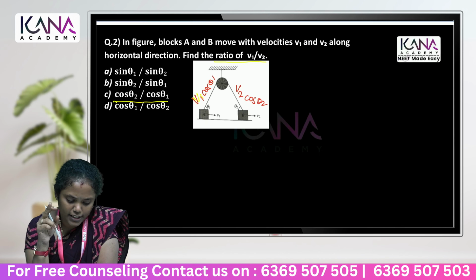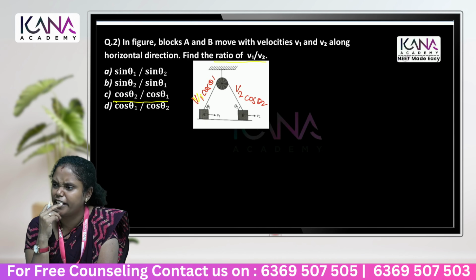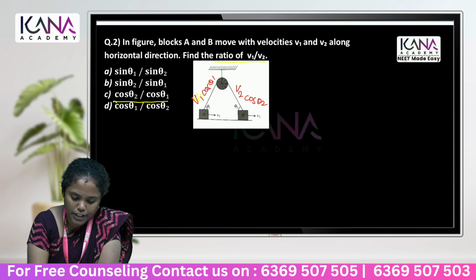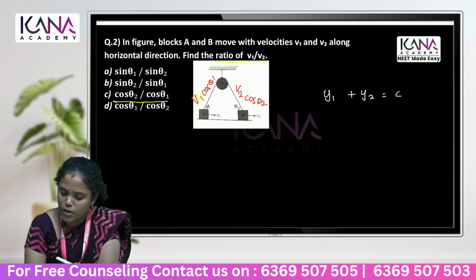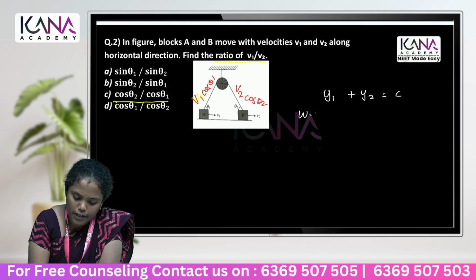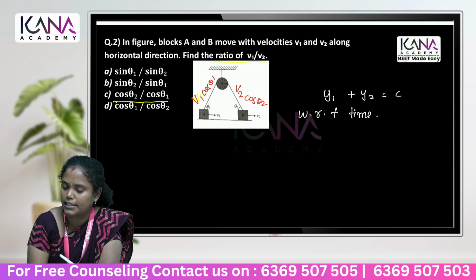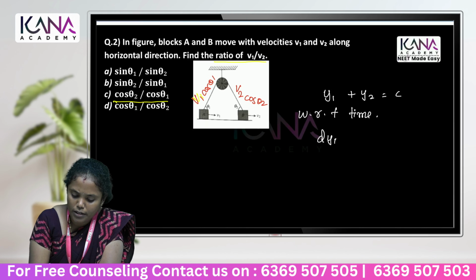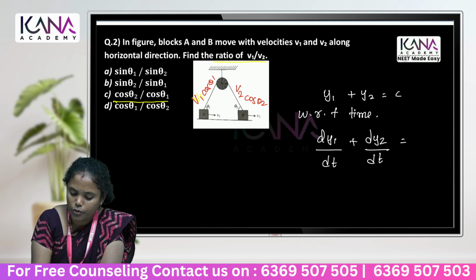The pulley is attached to blocks A and B. What will be constant? Motion is not constant. So when we consider it as vertical, y1 plus y2 is constant; we differentiate the same with respect to time. dy1 by dt plus dy2 by dt equals zero.